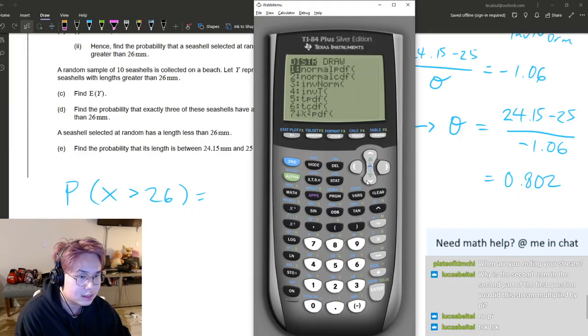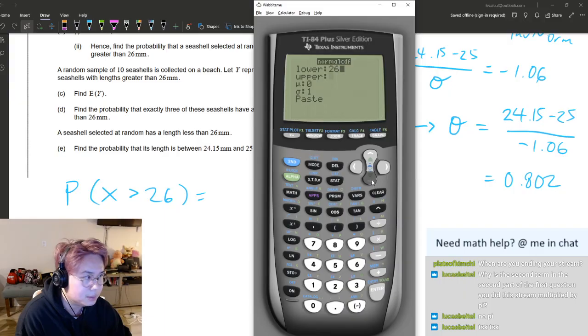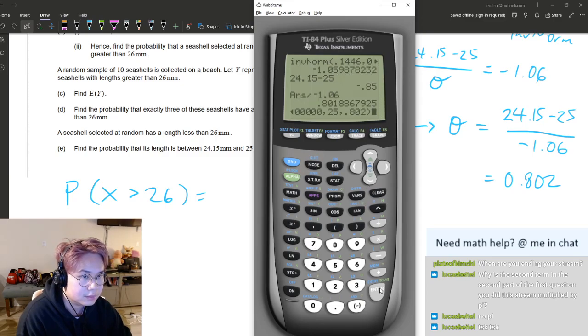So second distribution, normal Cdf, and our lower bound is the 26 millimeters, our upper bound is whatever, so just make sure that it's reasonably large. Our mean was 25, and we just found out our standard deviation. So here we go. 0.106.